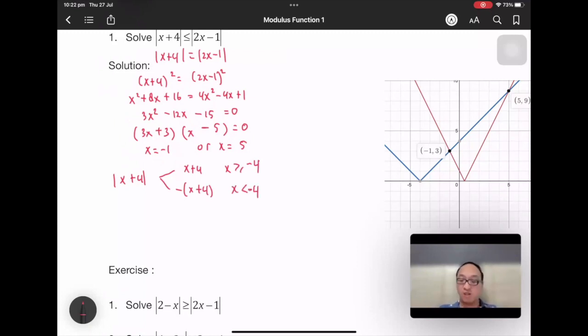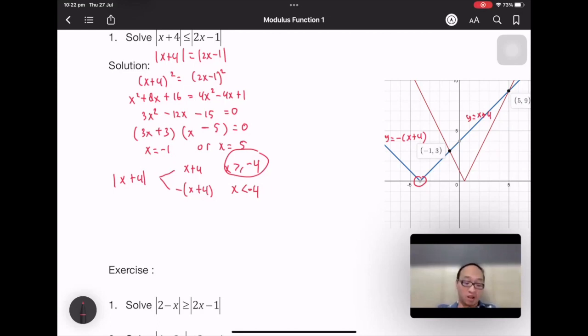So we can put the negative 4 on the x-axis here, and then draw y equals x plus 4, and this one is y equals negative x plus 4. The blue one is x plus 4 and negative x plus 4.